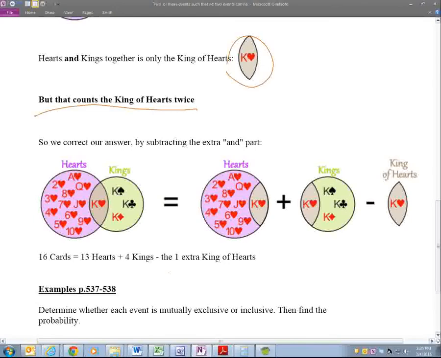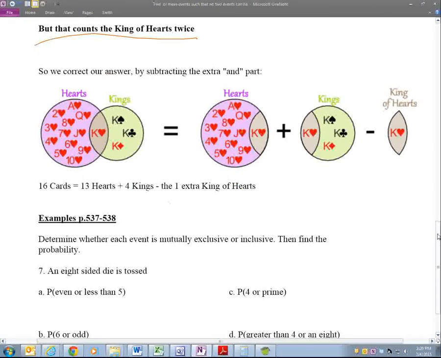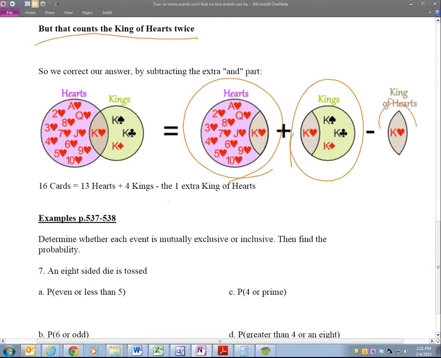We accidentally counted him twice because there's 13 hearts and 4 kings. So in order to get the correct number for the actual probability, we would have to take how many hearts there are, 13, plus the amount of kings there are, 4, and we have to subtract one of the kings because it was counted twice, because they share that King of Hearts, so we don't want to count it twice. We only want to count it once.